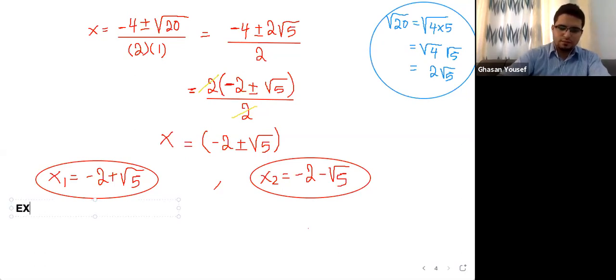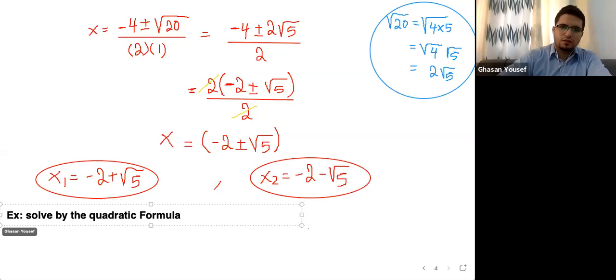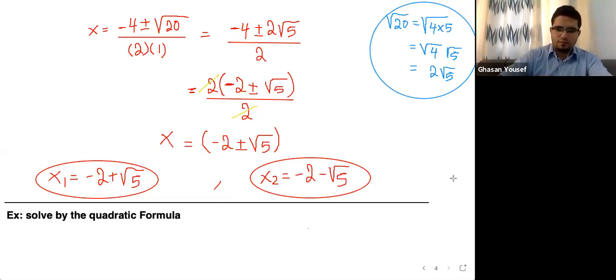Example number 2. The question is: solve by the quadratic formula. (1/3)x squared minus 2x plus 4 equals 0.